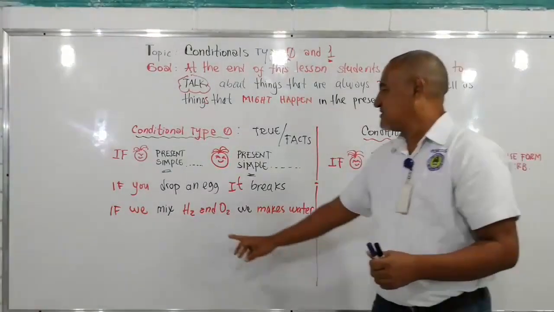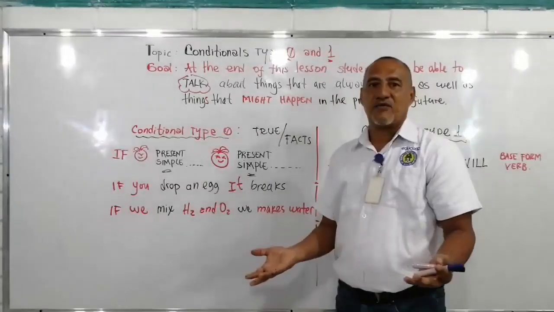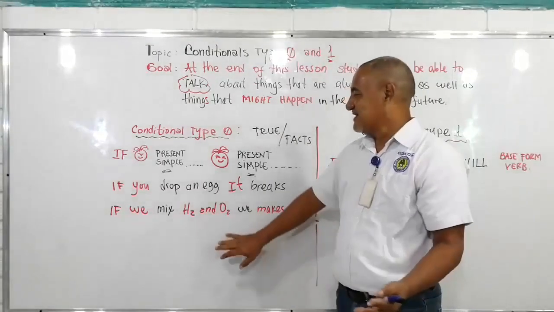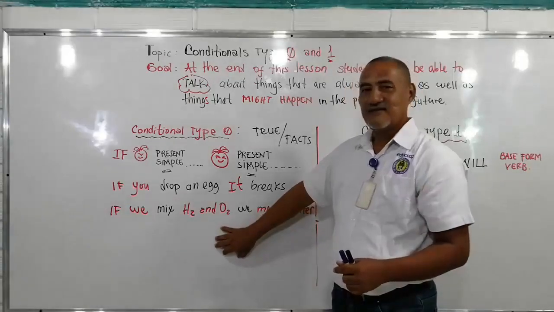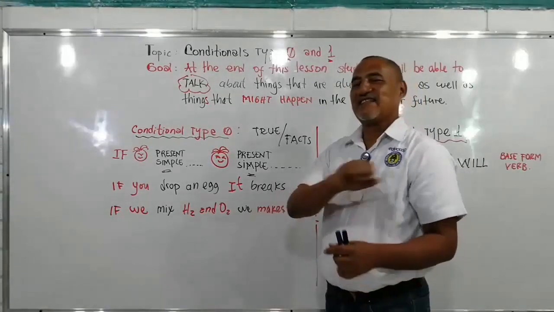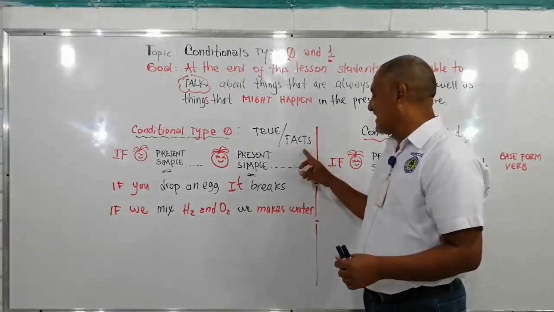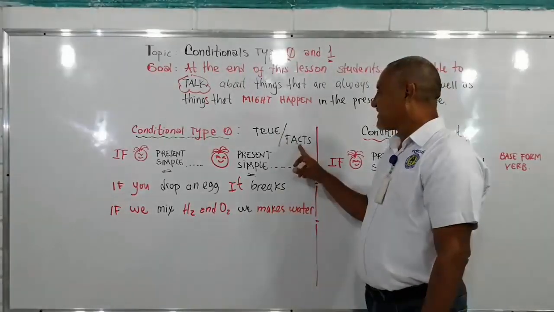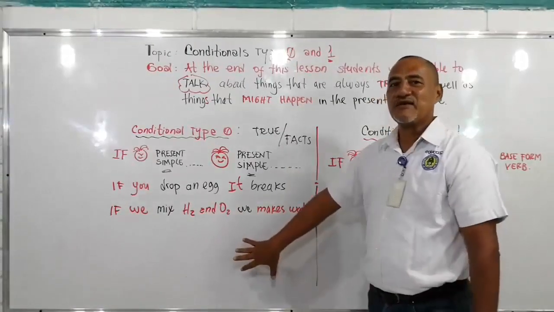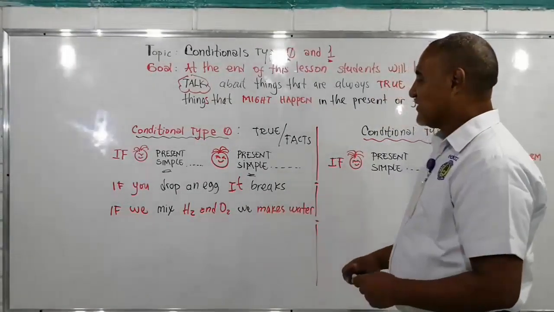When we combine hydrogen, hidrógeno, and oxygen, el oxígeno, formamos agua. Ask your chemistry teacher, and that's true. That is always true. This is a scientific fact. Esto es un hecho científico. Siempre va a ser verdad.